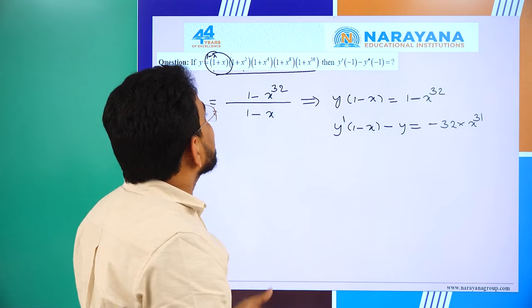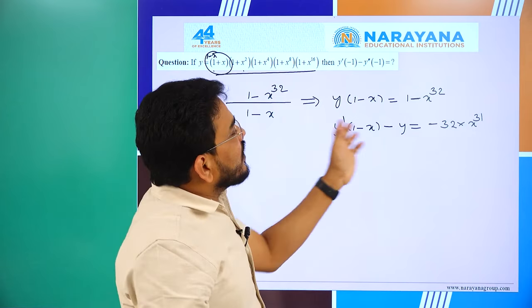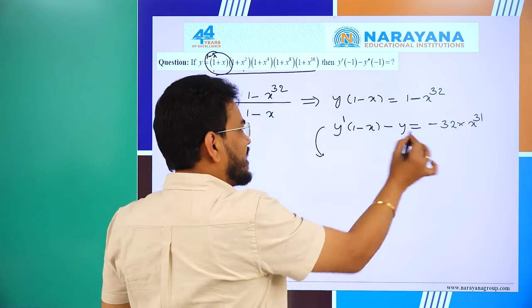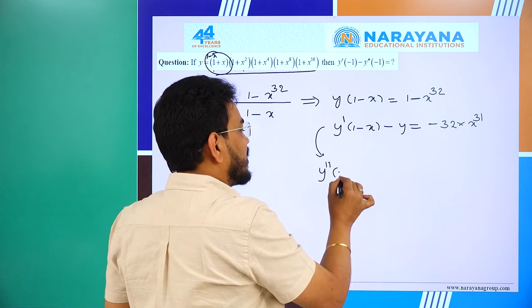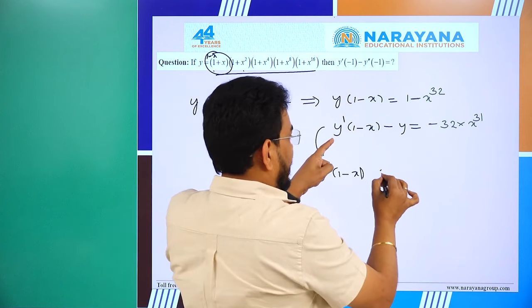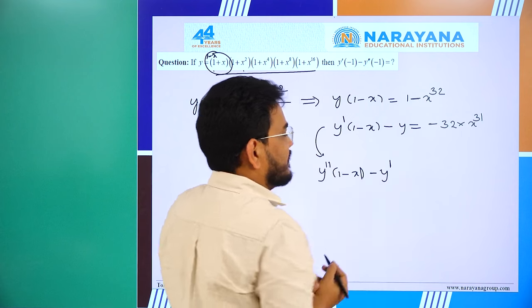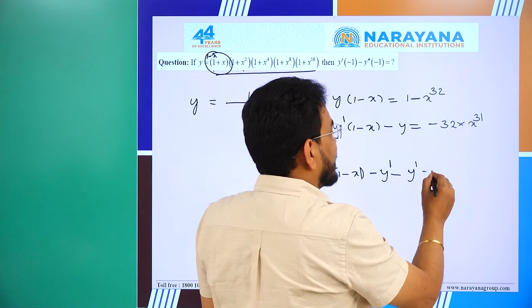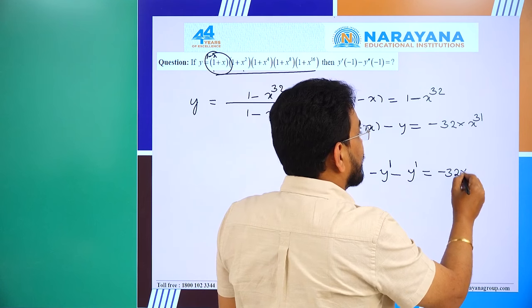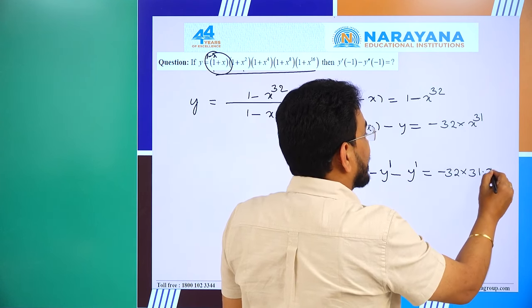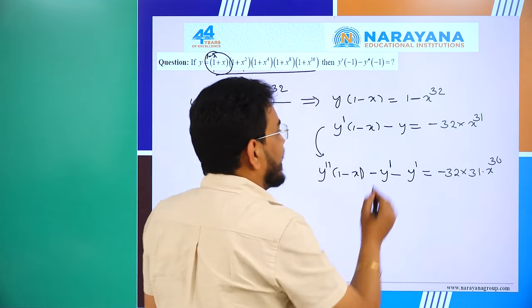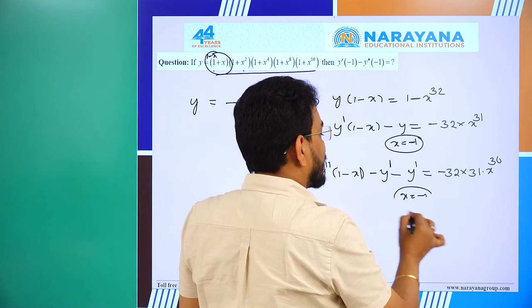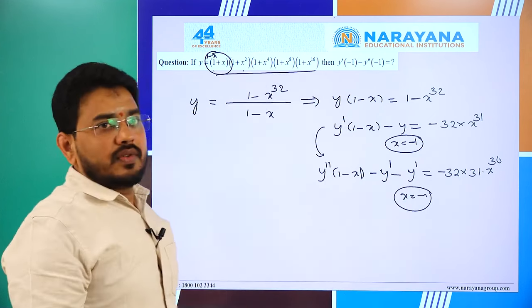Now in the next step, differentiate again: y double dash into 1 minus x plus y dash into the derivative, which is minus, and minus y dash is equal to minus 32 into the derivative of this one, 31 into x to the power of 30. Substitute here x is equal to minus 1 and here also x is equal to minus 1. You will be getting the values of this.